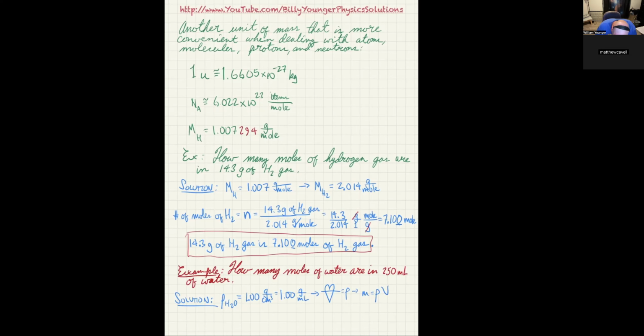And therefore, we find that the mass of 250 milliliters of water is equal to 1.00 grams per milliliter times 250 milliliters, which is equal to 250 grams.